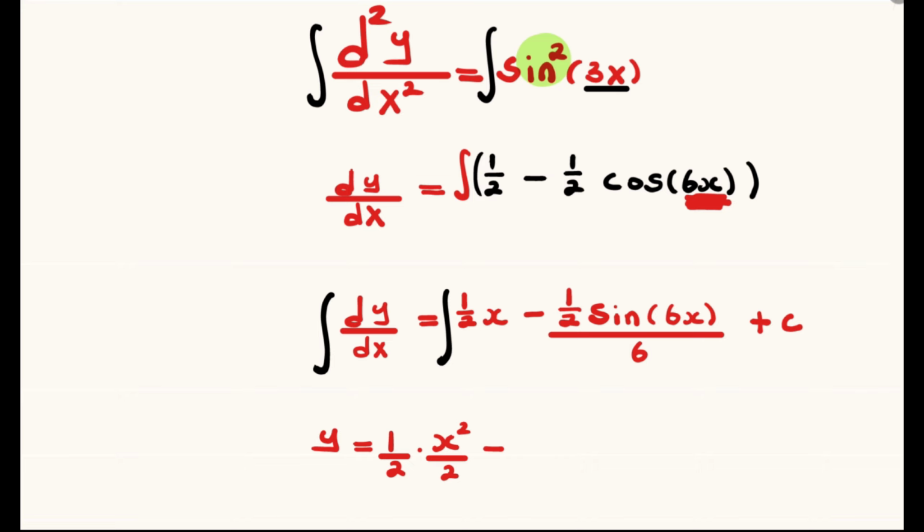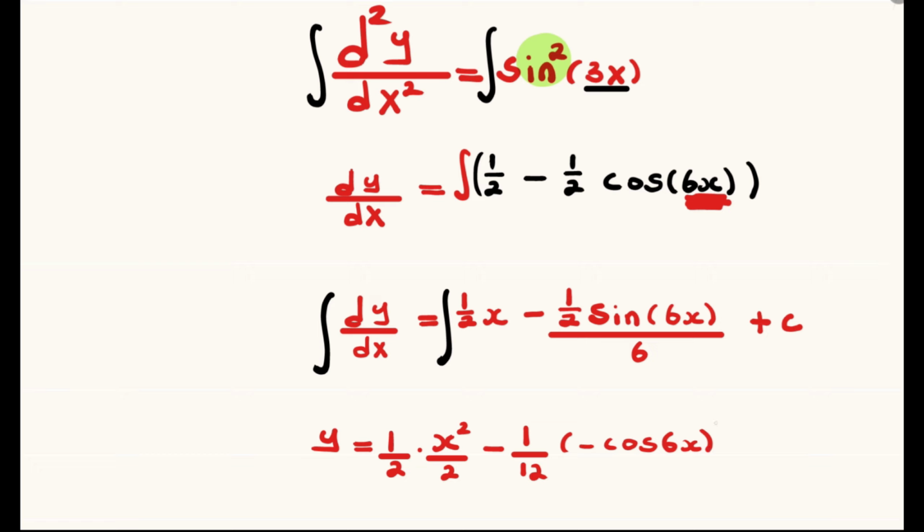Half divided by 6 is equal to 1 divided by 12, and the integral of sine 6x is equal to negative cos of 6x.